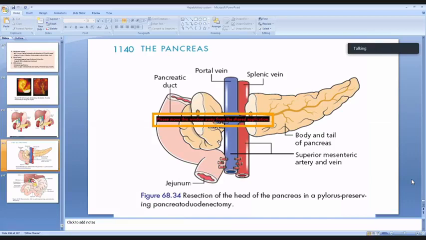By triple anastomosis, continuity has to be maintained.